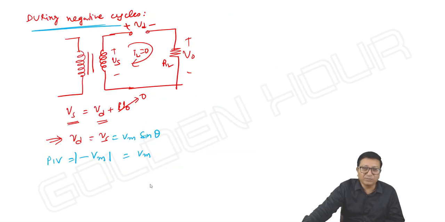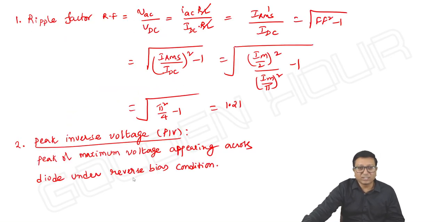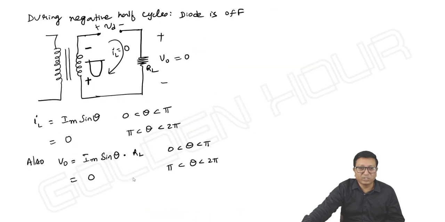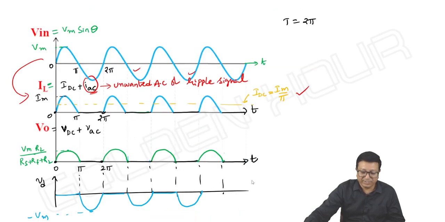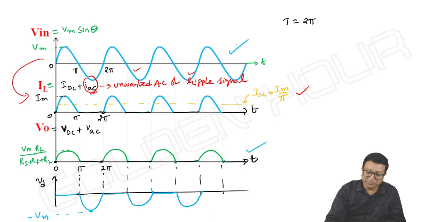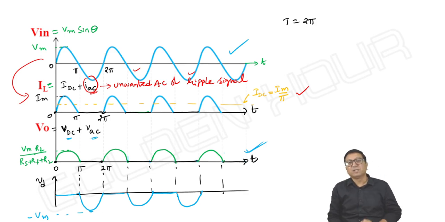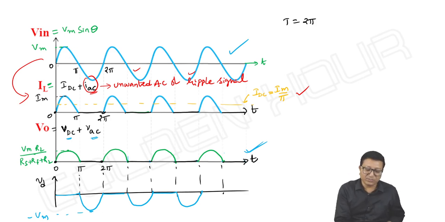Again, when the positive cycle comes, it sends the entire signal, so that you get an output voltage waveform of this kind. Input is a bipolar signal, output is unipolar, which is a combination of DC and AC. So you can create some DC component at the output, whereas the secondary voltage, or the input to the rectifier, is a pure AC signal.